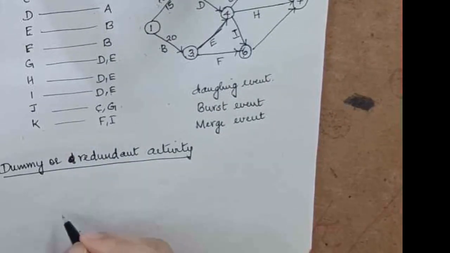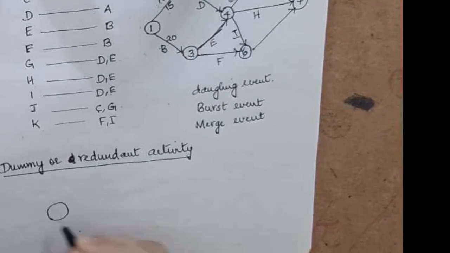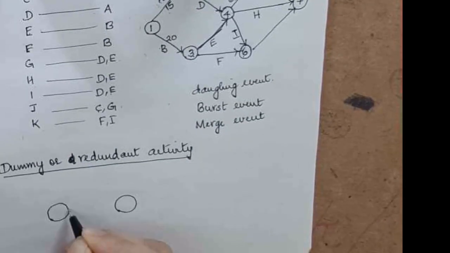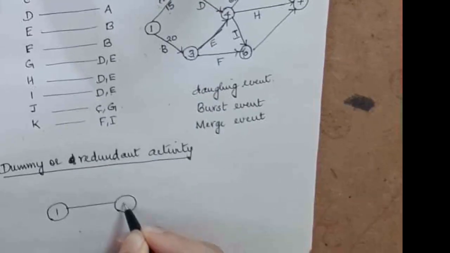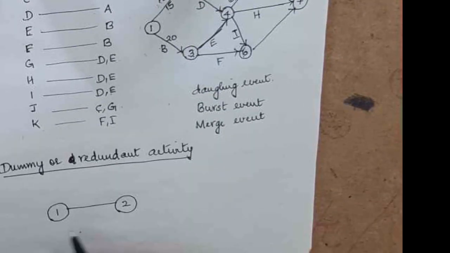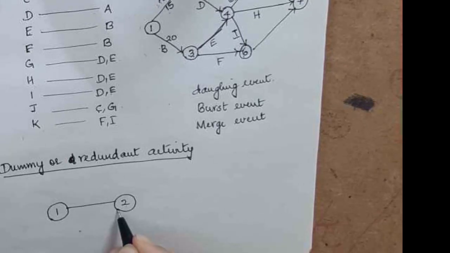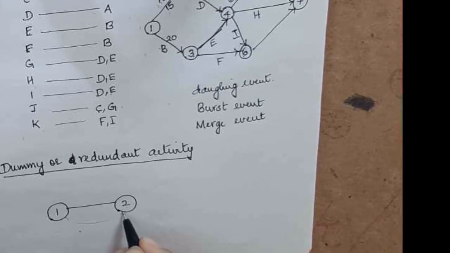For example, there is one node here, there's another node here. One activity goes from this first node to the second node. There's again another activity going from the first to the second node only. So you can't write like this. You can't draw like this.